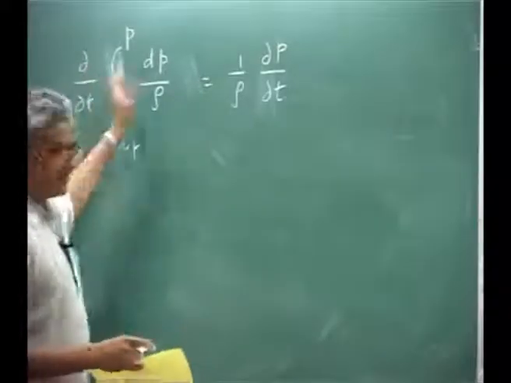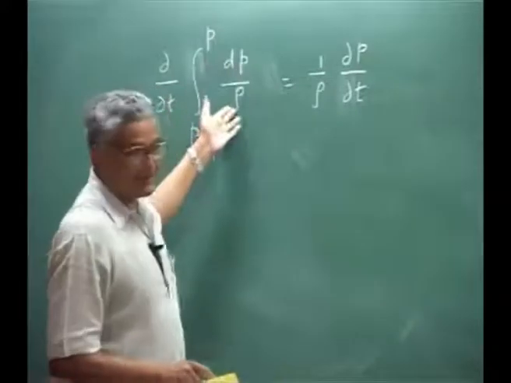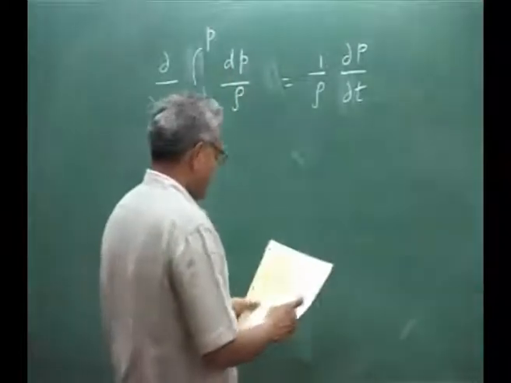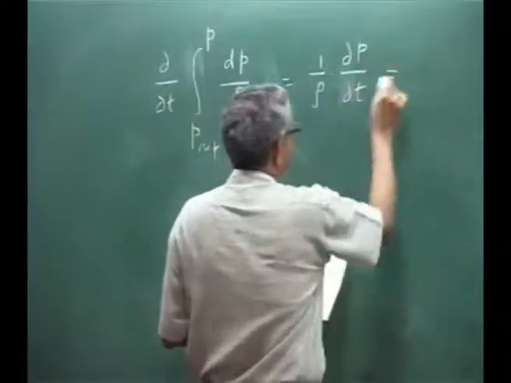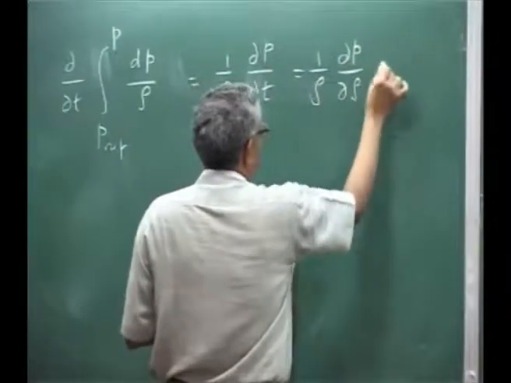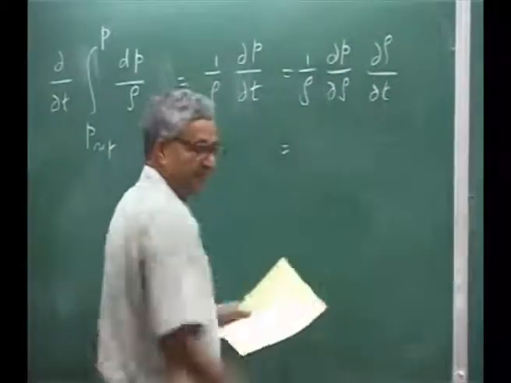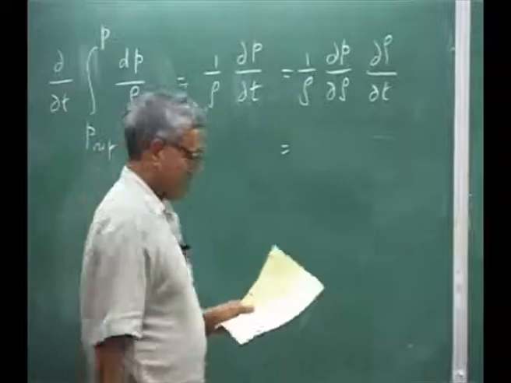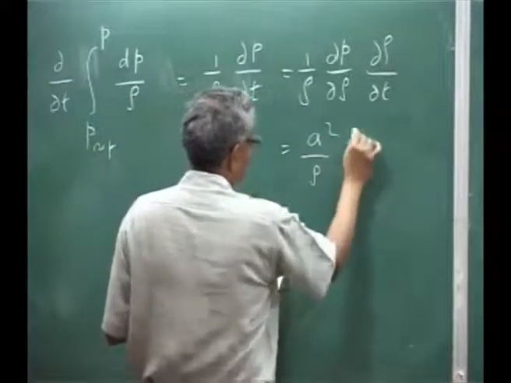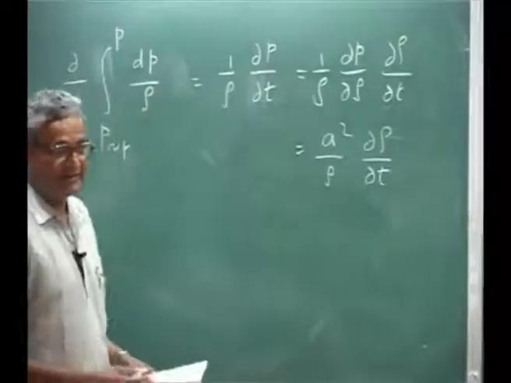I am just changing the order: first I differentiate with respect to pressure, because everything is only pressure dependent. Now this I will write as 1 over rho delta rho by delta t. dp by d rho is the speed of sound, so I will have a square over rho delta rho by delta t.